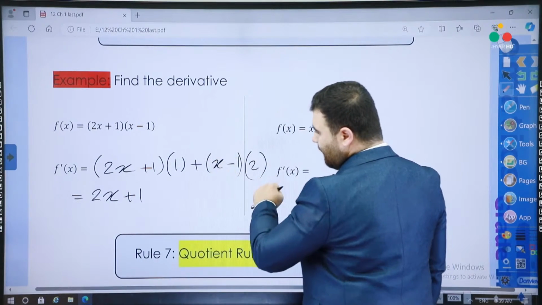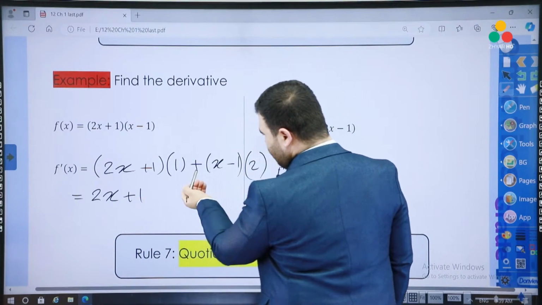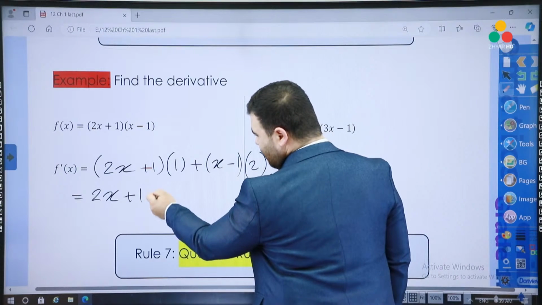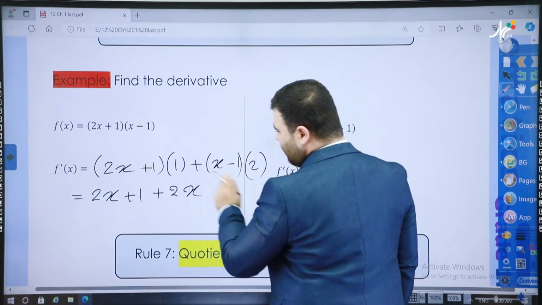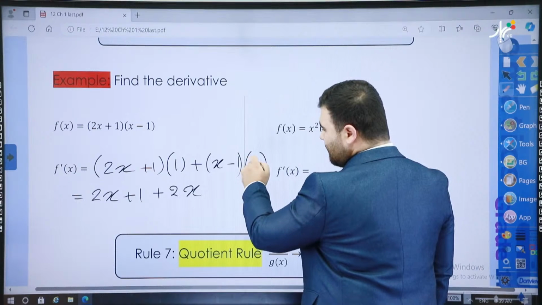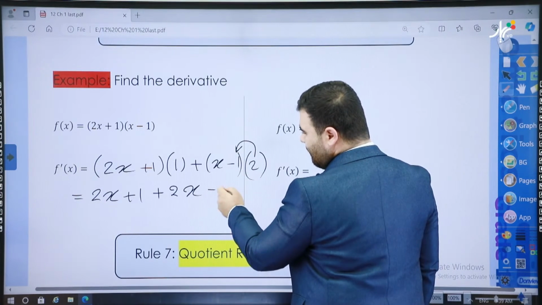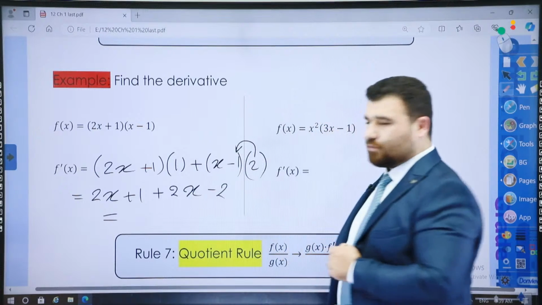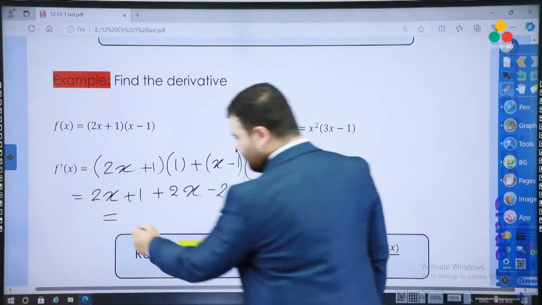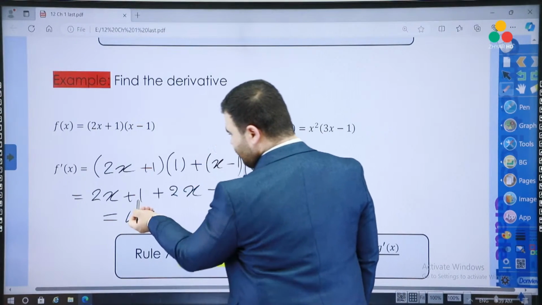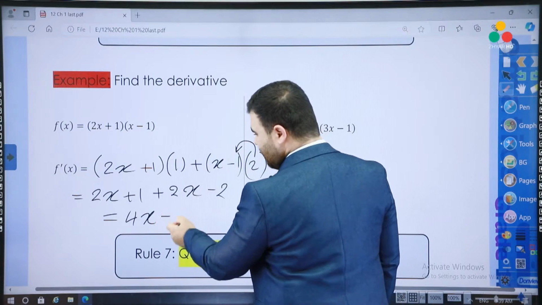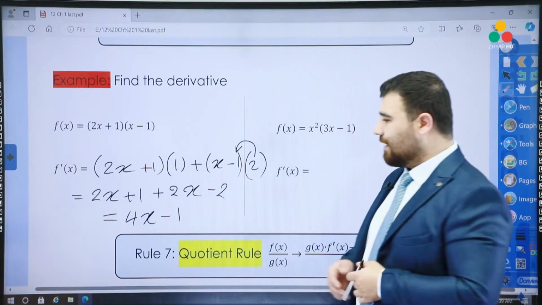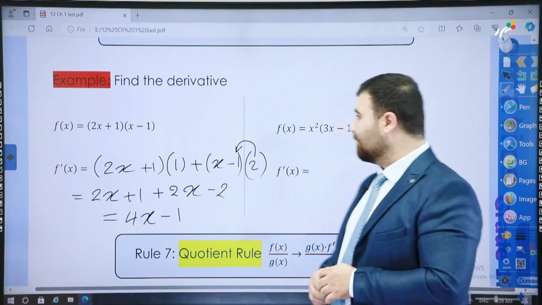If we multiply 2 by x, it will be 2x. It's positive. This is also positive, so it's plus 2x. 2 times negative 1 is negative 2. We can simplify this one more step. 2x plus 2x is 4x. Positive 1 minus 2 is negative 1. This is the final answer in simplest form.